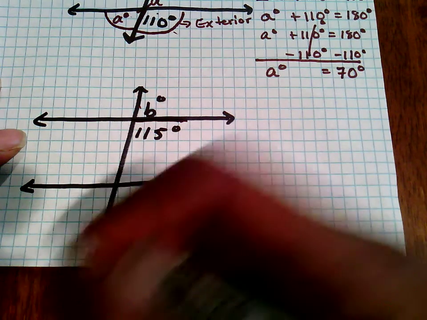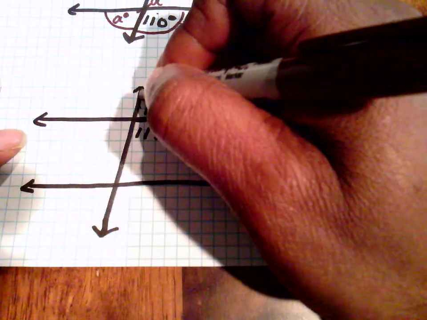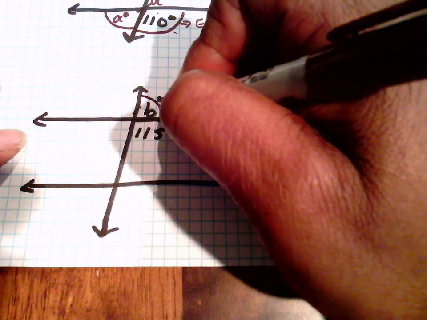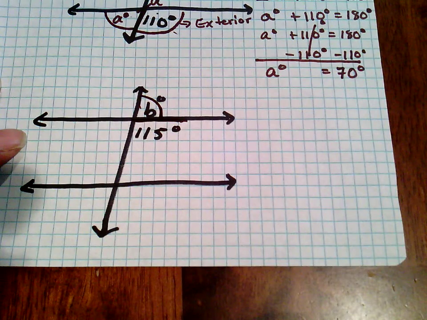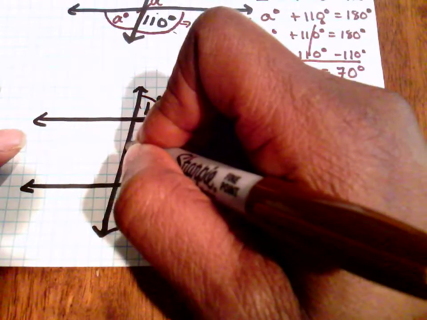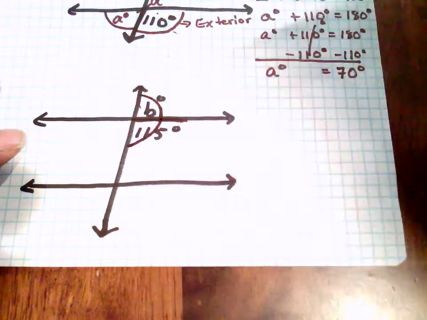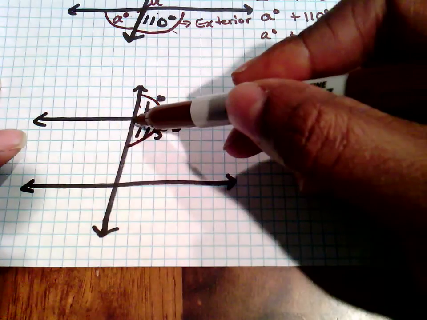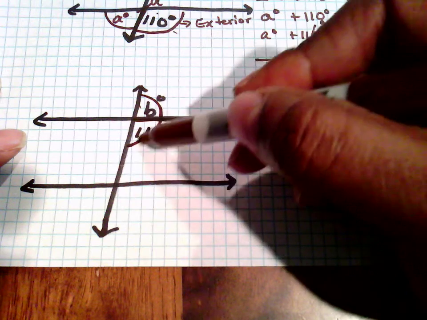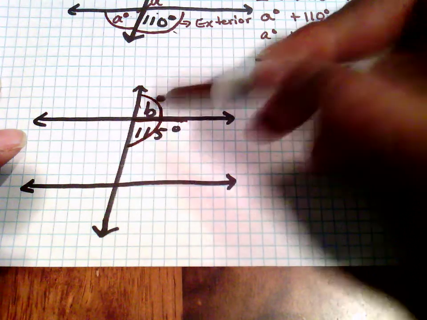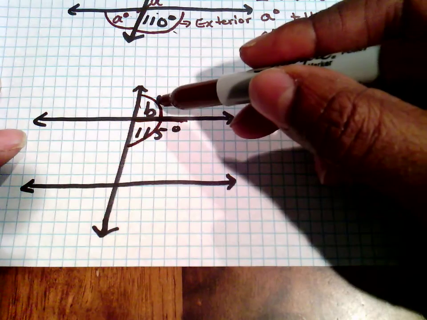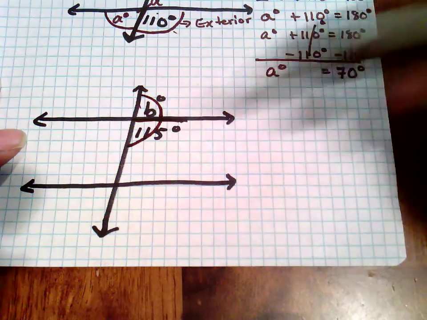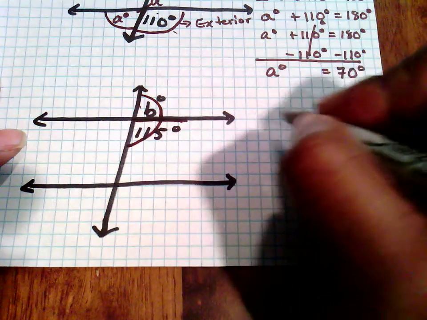So if you put them together, the opening of B with the opening of the 115 degree angle, we notice that without the rest of this line, we get a straight line, a straight angle, which means B and 115 will sum to 180 degrees.